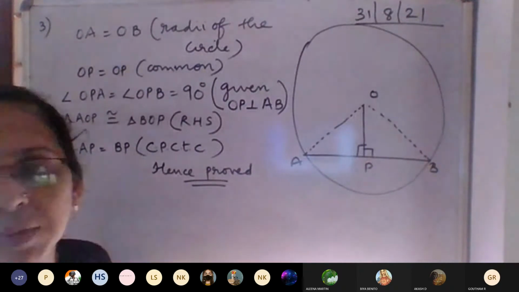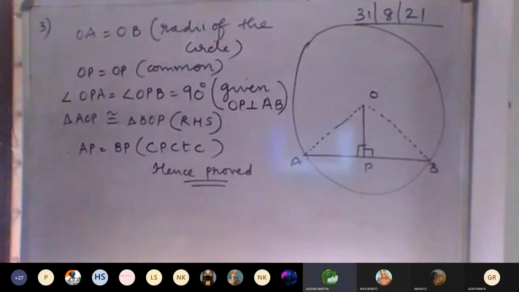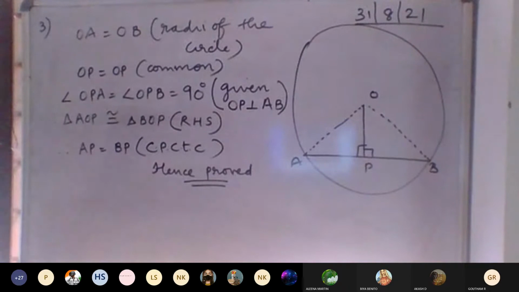Can we do the next one? Completed? Yes, ma'am. Then next question. Question number 4. In triangle ABC, read the question properly. Try to draw a rough figure in your rough book while I am reading.